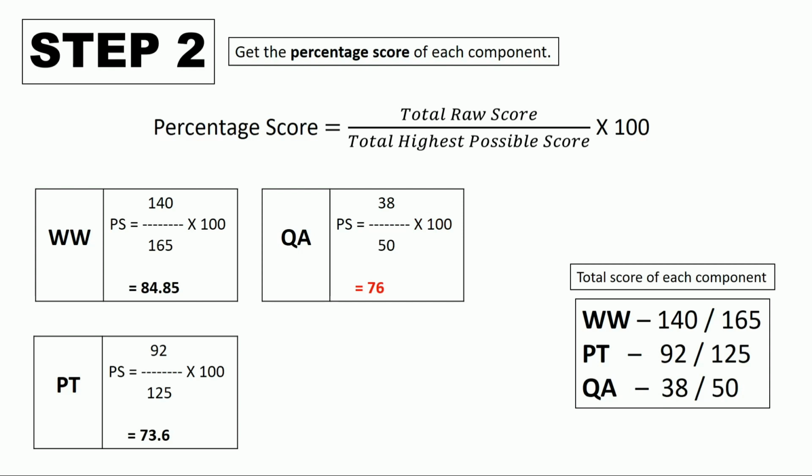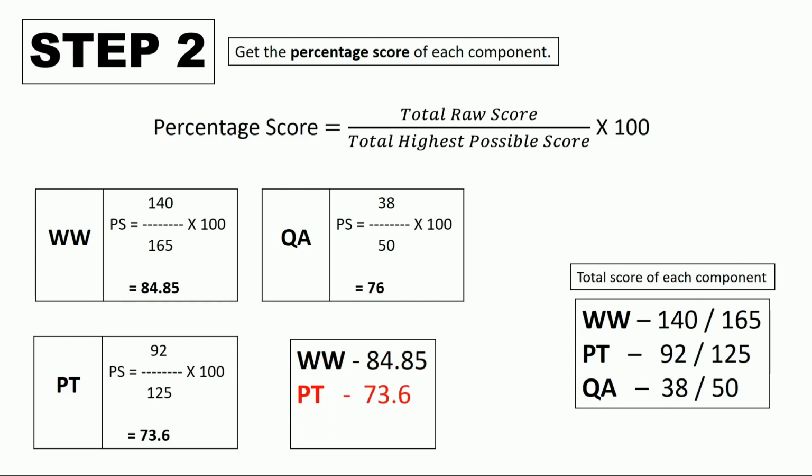To summarize it, the percentage score for the written work is 84.85, for the performance task is 73.6, and for the quarterly assessment, we got a 76 percentage score.